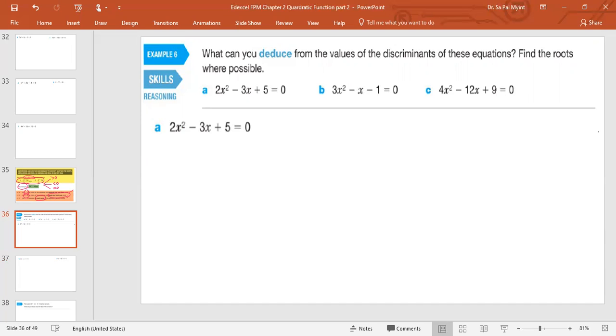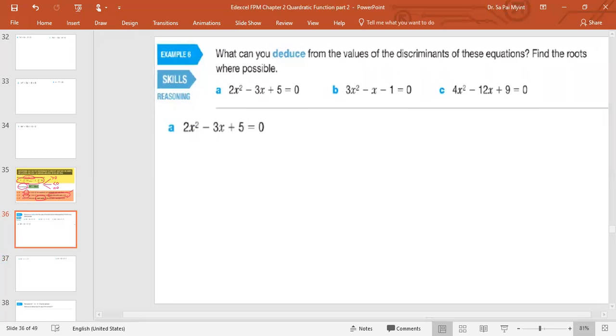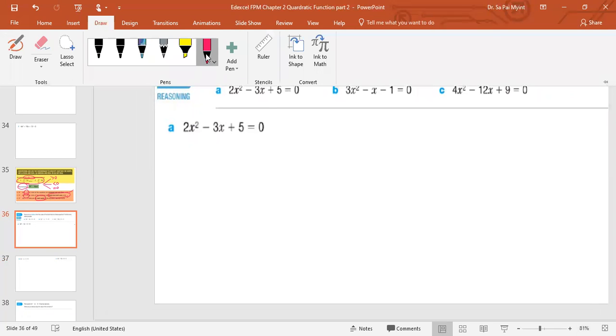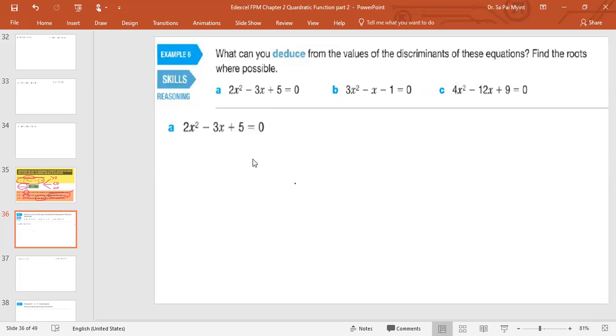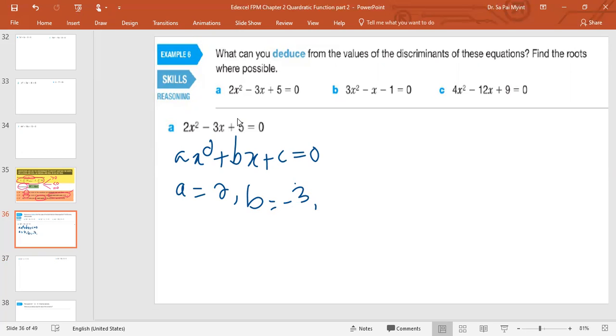Compare with the quadratic equation ax² + bx + c = 0. From this, a equals 2, b equals minus 3, c equals 5. And then you can find the discriminant.